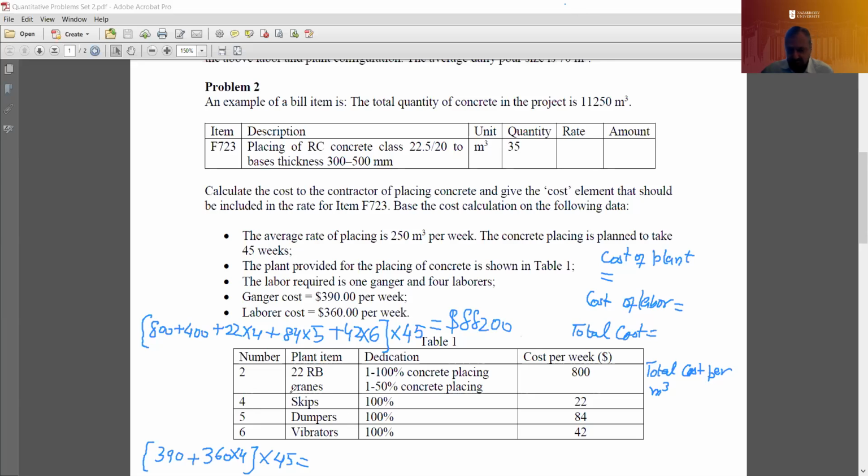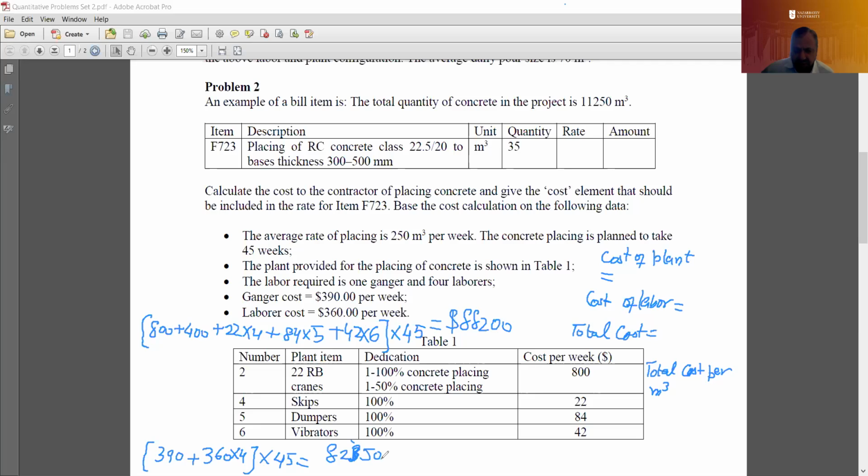Okay. And how about the last one? 390 plus 360 times 4, multiplied by 45. It is 82,350. Yes, 82,350.